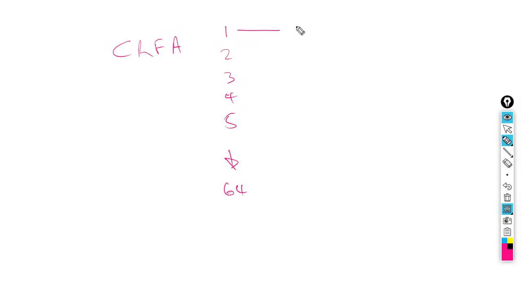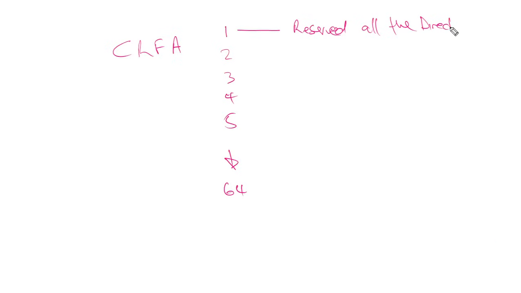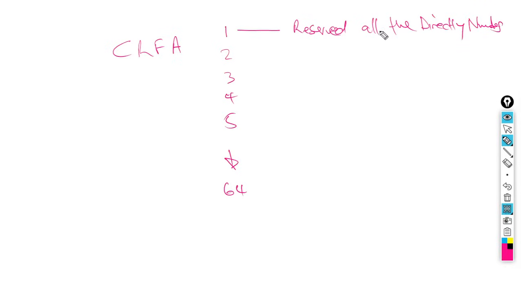But this number 1 is reserved for all the directory numbers on the system by default. If you just create any directory number, it's going to sit in this by default.